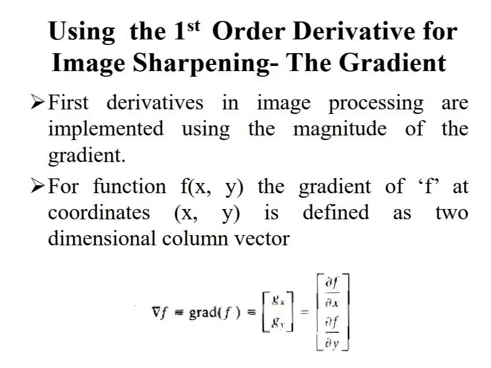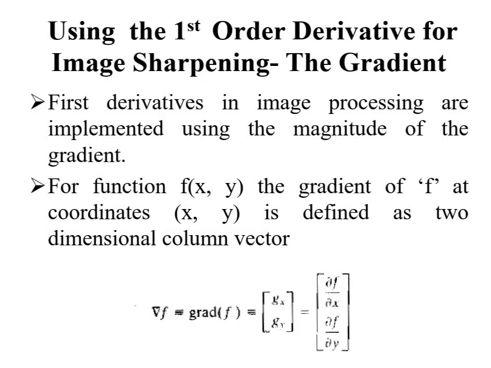The next topic is using the first order derivative for image sharpening. It is called the gradient. First derivatives in image processing are implemented using the magnitude of the gradient for a function f of x comma y. The gradient of f at the coordinates x comma y is defined as the two-dimensional column vector.